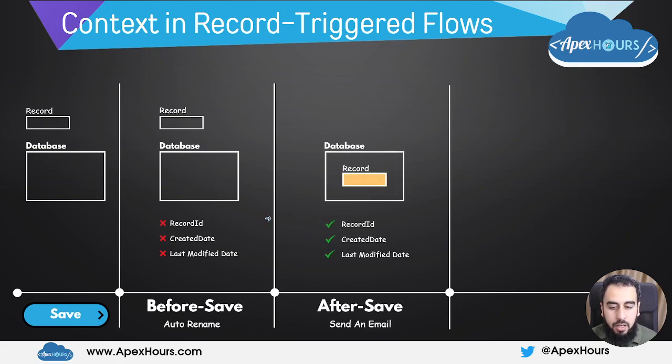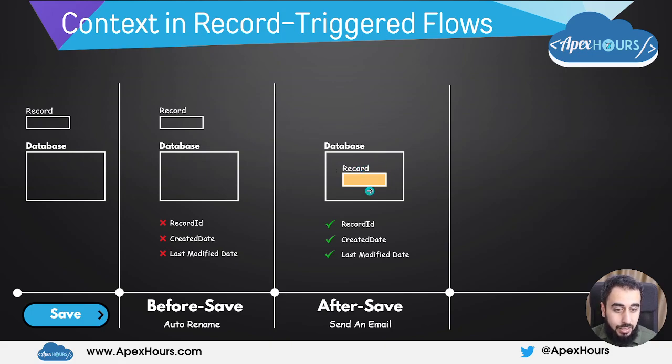Next, immediately after, the after save flow is going to run. Assuming that we have an after save flow on the same object, then after save flow is going to run. After save, you might have an operation like send an email out. This is just an example. There are other things. At this point, the after save flow will have access to the following information. At this point, the record got sent to the database, got saved into the database.